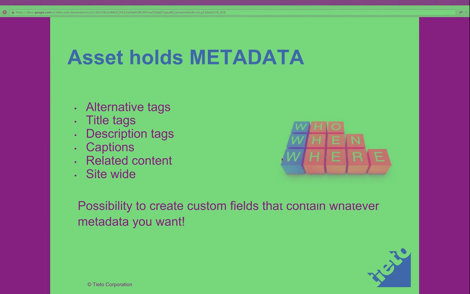So if we have some kind of a slogan that we want to reuse, we can take that from the asset library into every page where we want to use it. So an asset is not at all only files. The asset file images are actually just one special case of an asset.